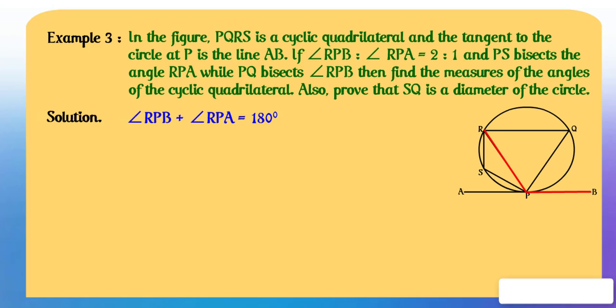Let's solve this. Angle RPB plus angle RPA is equal to 180 degrees and angle RPB to angle RPA is equal to 2:1.